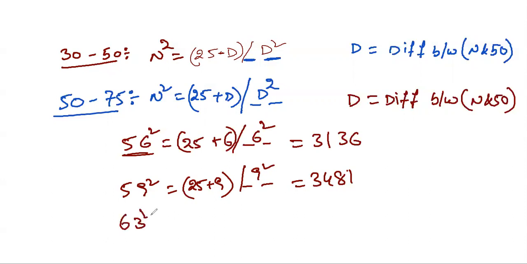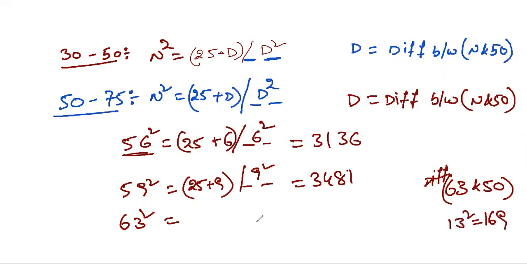If I want to find out 63 square, very easy. But you should know the difference of 63 and 50. That is 13. 13 square is how much value? 169. But you require only the last 2 digits, so this 1 will be carried to this side.